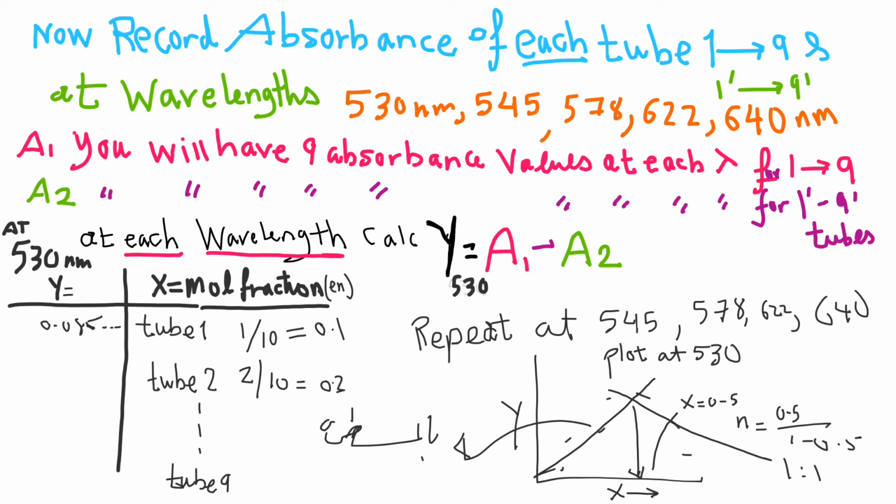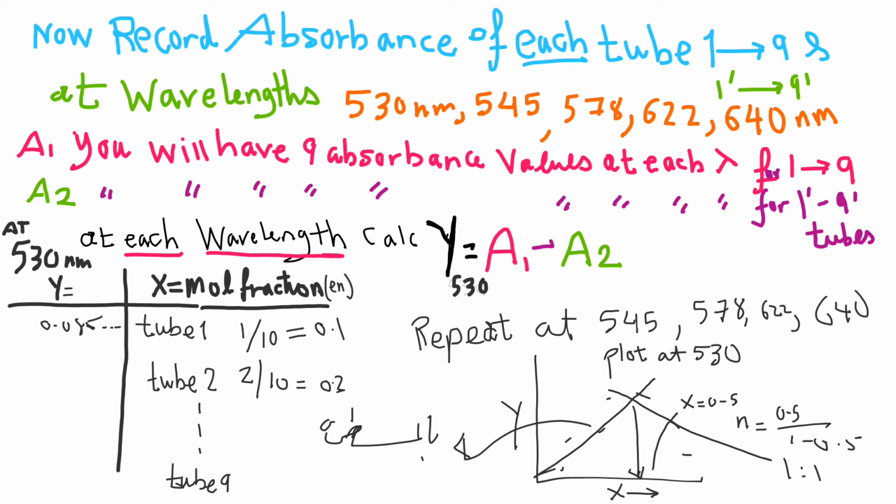Now you record 9 values and you plot Y, which is this value A1 minus A2, versus X, which is the mole fraction 0.1, 0.2, 0.3, 0.4, 0.5, until you get to 0.9. And the plot will give you points going up and points going down. With the ruler, you take all the points going up, straight line, and the points going down, straight line.